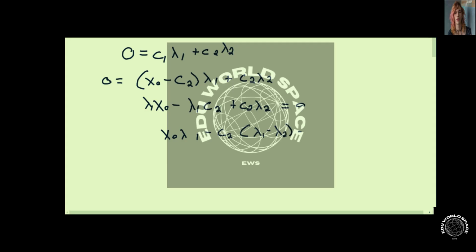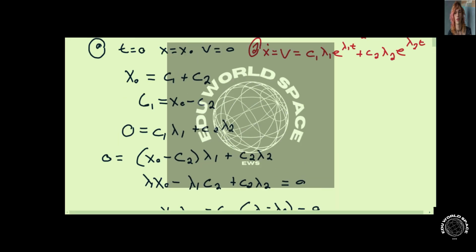If we solve for c2, it's going to be x naught lambda 1 divided by lambda 1 minus lambda 2. And similarly, if we plug in c2 to solve for this, you would get x naught minus c1.